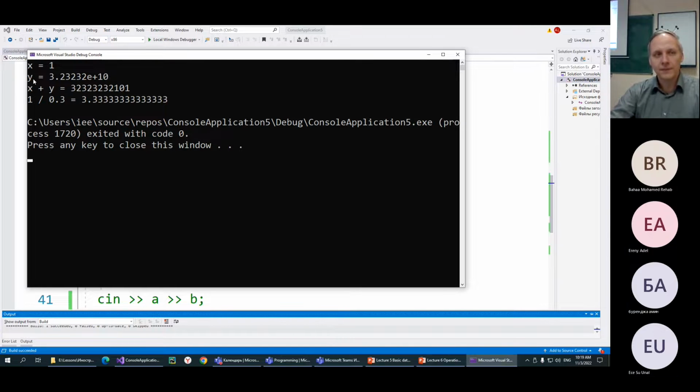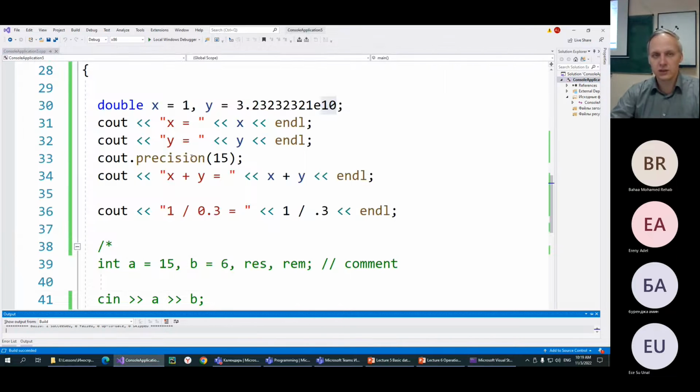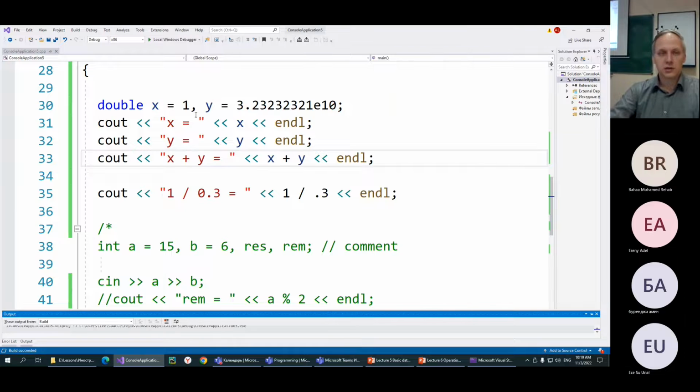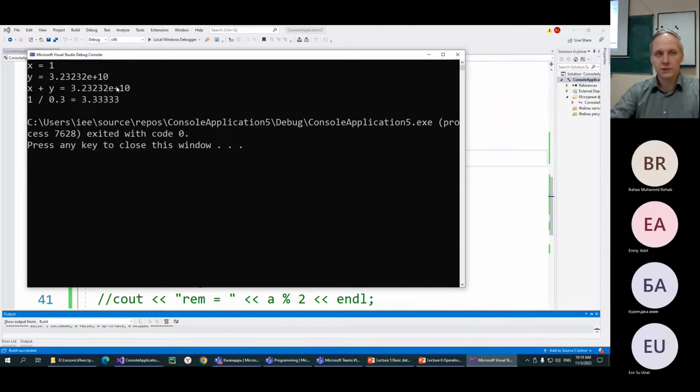So the number y will be represented in scientific notation, but x plus y will be represented in fixed form because I put here this comment that I want to output 15 digits after decimal point. If I remove it, we will see both these numbers in scientific notation. The cout operation automatically selects the mode for representing the number.